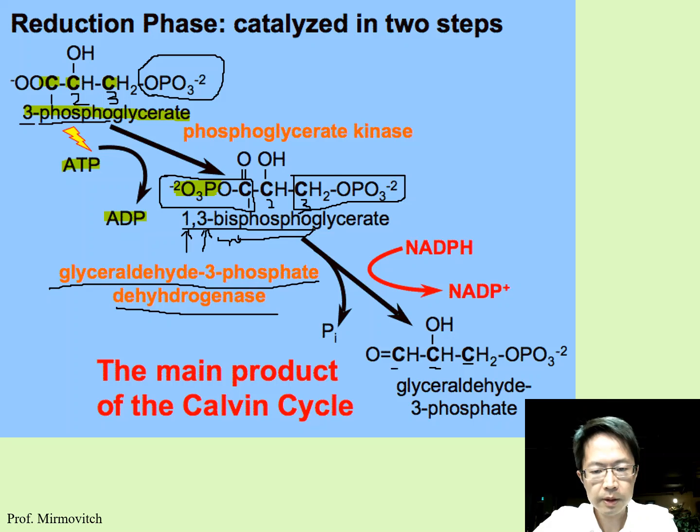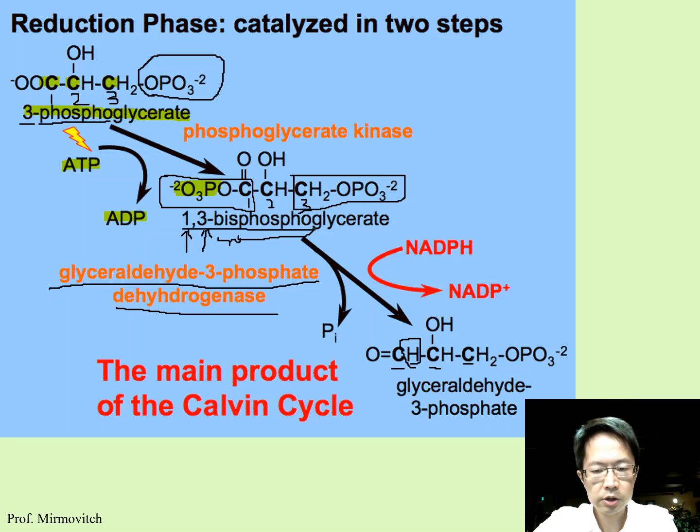But what happened in the carbon number 3 is that the phosphate group becomes a hydrogen atom.